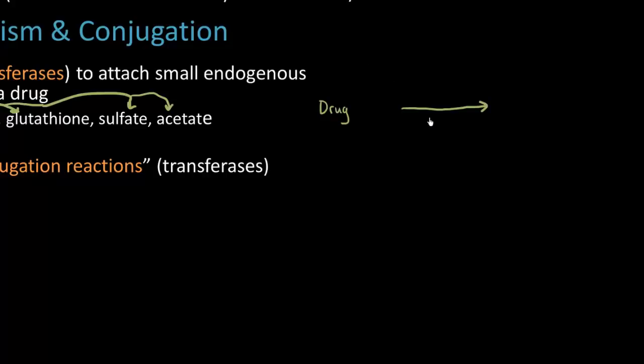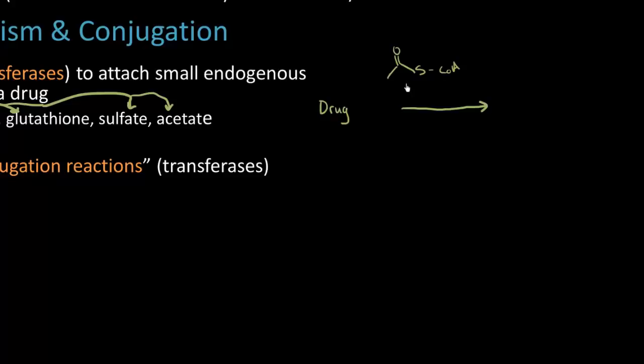The name of the enzyme that works here, instead of being a cytochrome P450 or CYP3A4, let's say we were going to transfer an acetyl group onto it. Well, what is the endogenous polar molecule? In many cases, this is acetyl-CoA, and we've seen acetyl-CoA before. So let's say this is S. So this is acetyl-CoA. Here's the acetyl group.